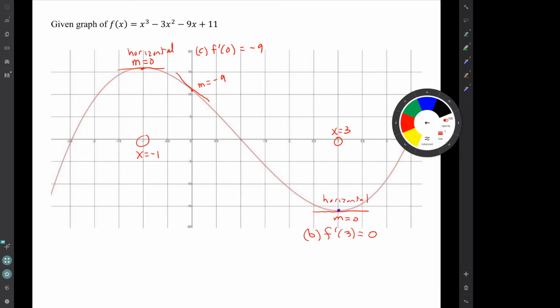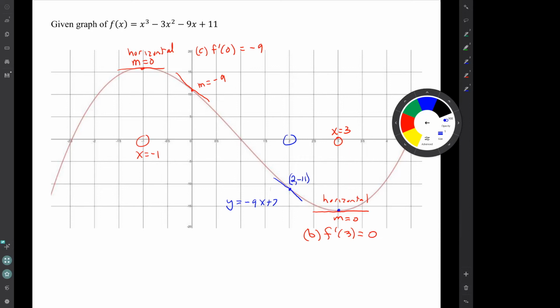Now question E was about the line that's tangent to the graph at x equals 2. That's this tangent line. Now we found that its equation was y equals -9x plus 7. And we also found that the xy coordinates at the point of tangency were 2, -11. We could do a better job of illustrating that tangent line.